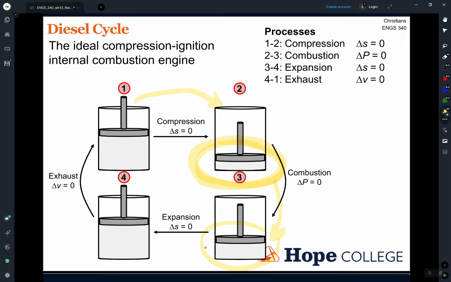Then after that, it looks a lot like the Otto cycle. We continue with the rest of our power stroke, and then we have a full 2 strokes, 1 cycle down, up, for our piston to finally exhaust our gases. So that's the diesel cycle, again, one that you might be familiar with.